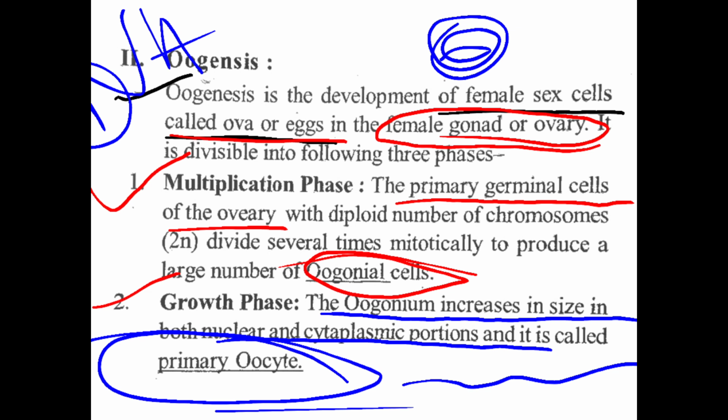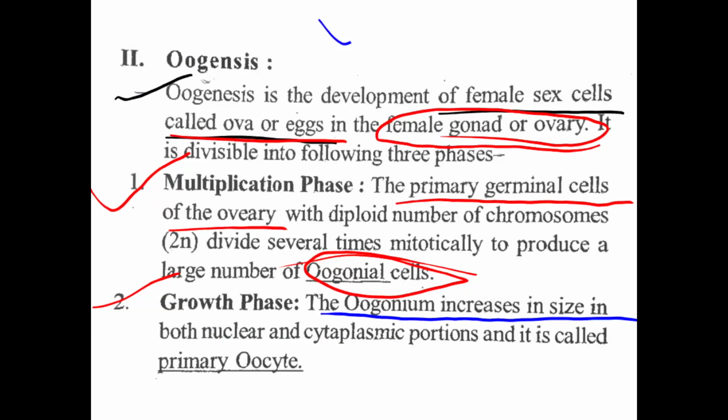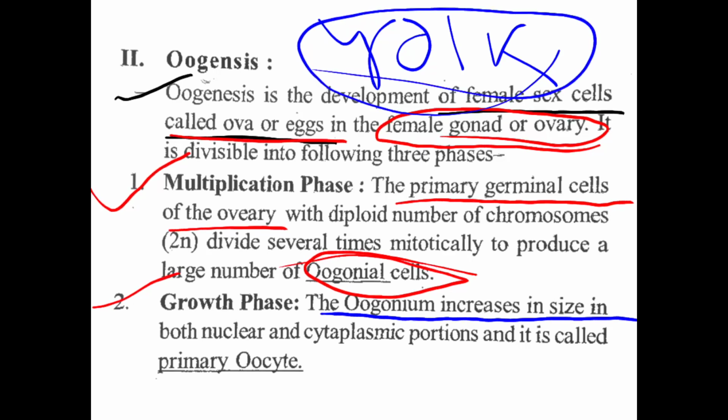In this phase, synthesis of yolk, that is reserve food, takes place inside the egg. This synthesis of yolk is called vitellogenesis.